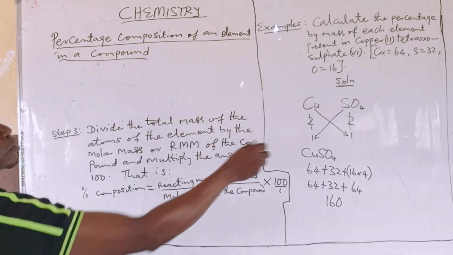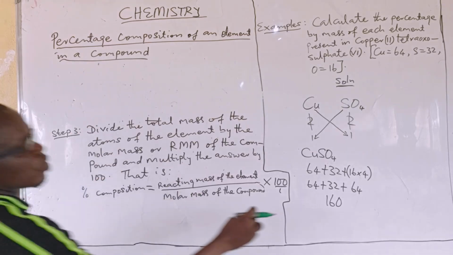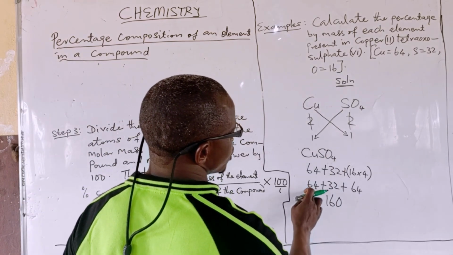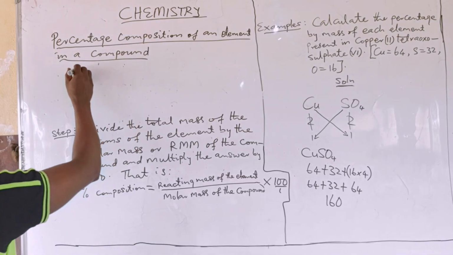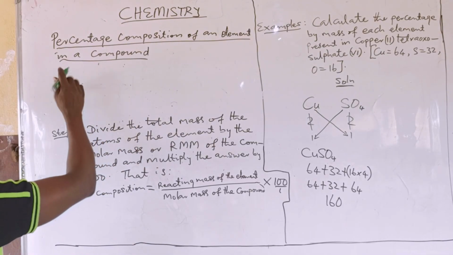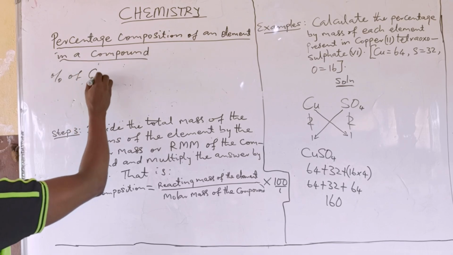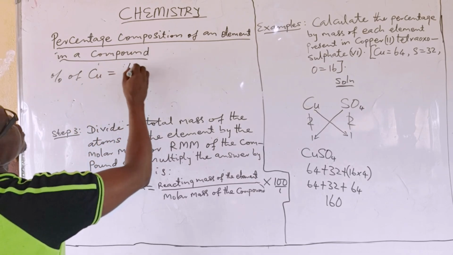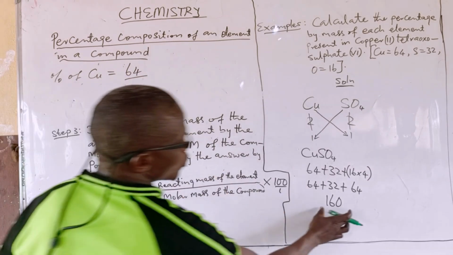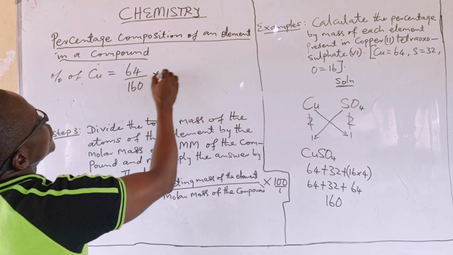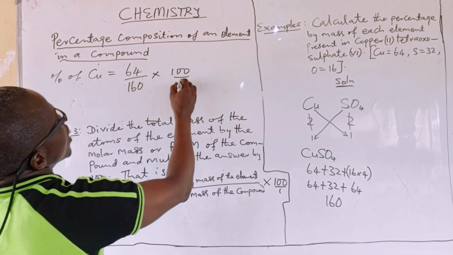So now, Cu, in this formula, the mass of Cu is 64. So I will say percentage of copper equal to 64 all over the total, which is 160 times 100 over 1.